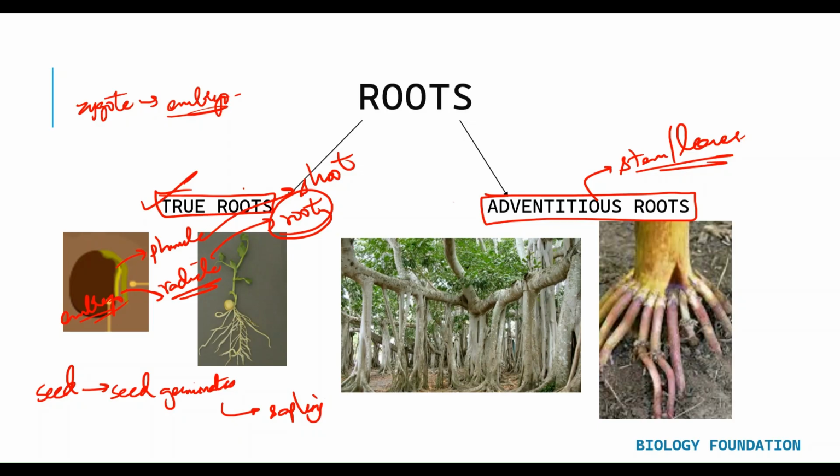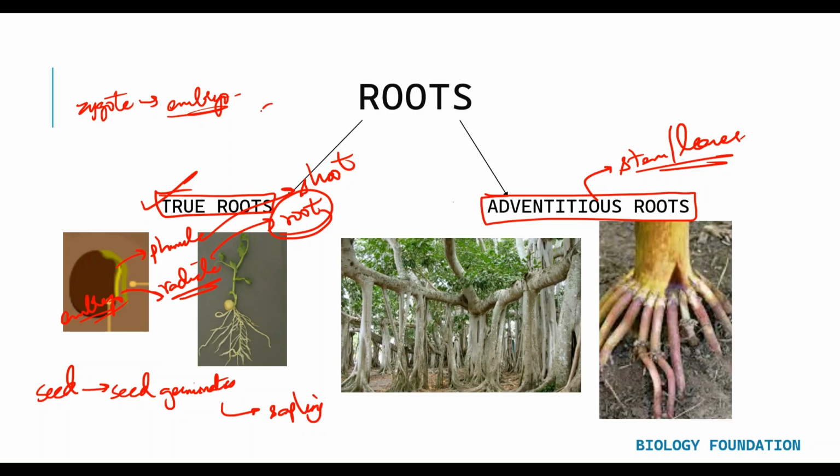But the best example is you can try this experiment at home: take a pea seed or any gram, pulses, red gram, Bengal gram, anything, soak it in water, and then take the pea or the bean and sow it in the soil. After a few days you can see that the seed starts germinating.